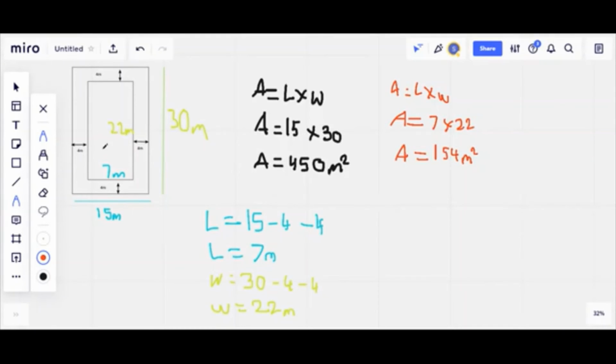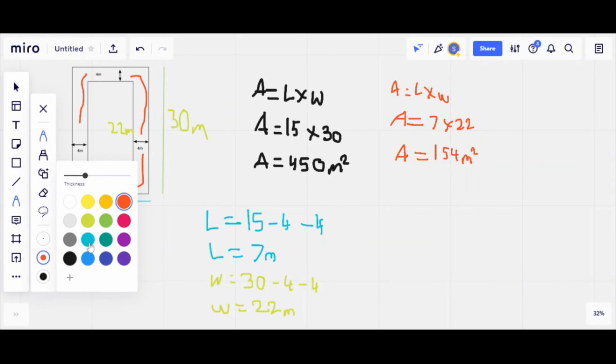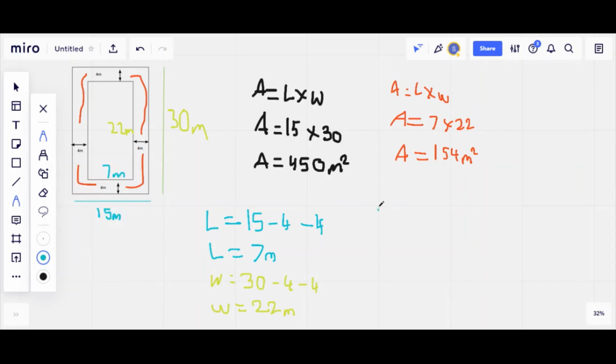So our last step here, because we're trying to find this section here, this border section, is we need to subtract our smaller area from our larger one. So let's use our blue here. So our final area here will be A is equal to 450. Let's use the same colors here. 450.